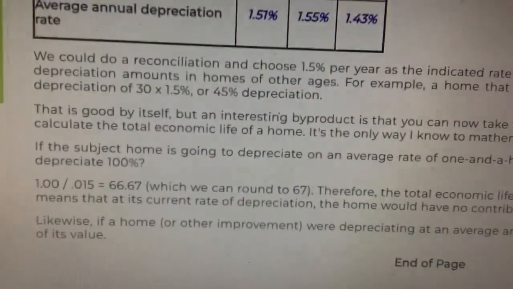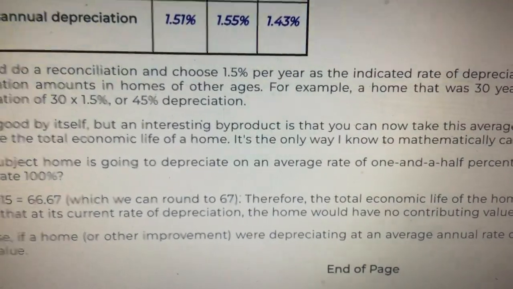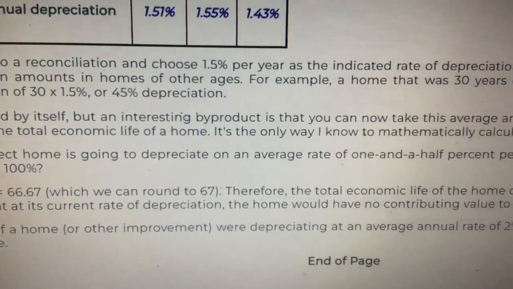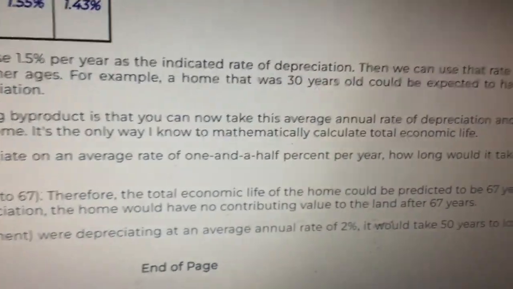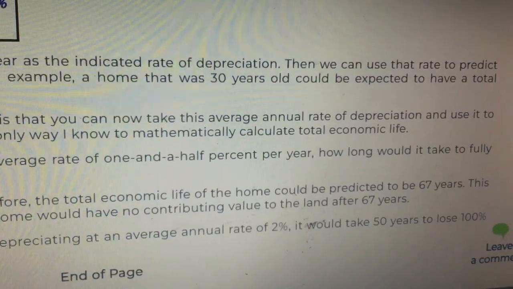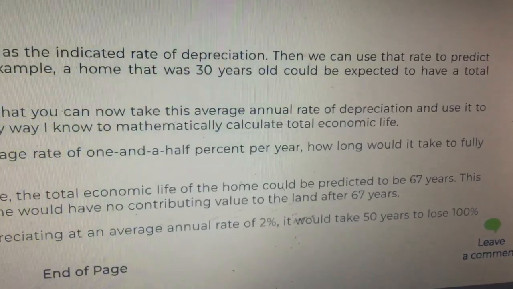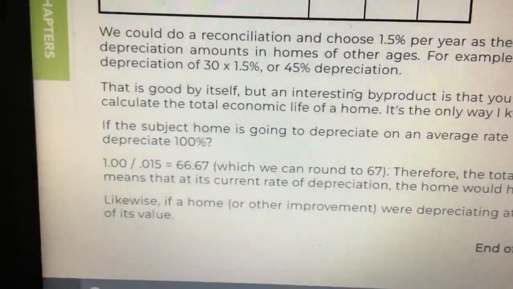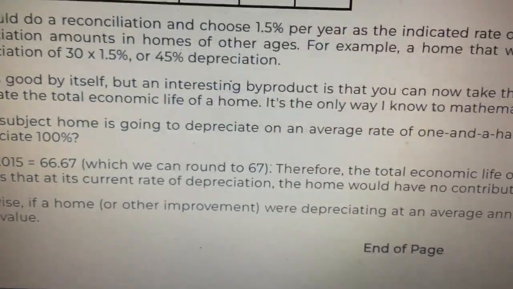We could do a reconciliation and choose 1.5% per year as the indicated rate of depreciation. Then we can use that rate to predict depreciation amounts in homes of other ages.